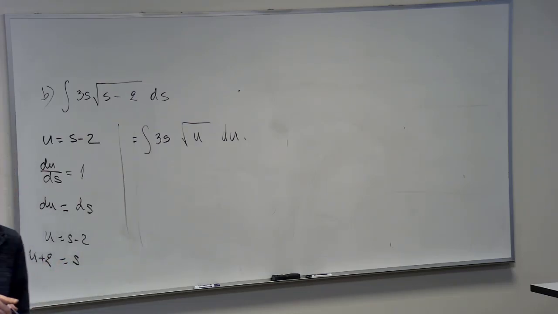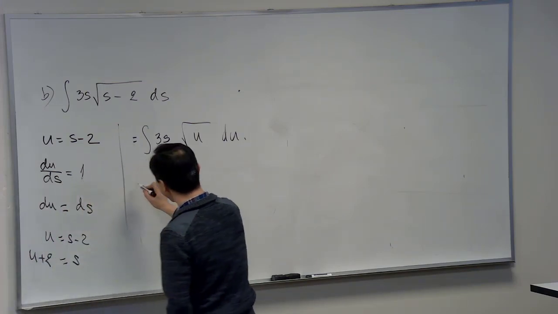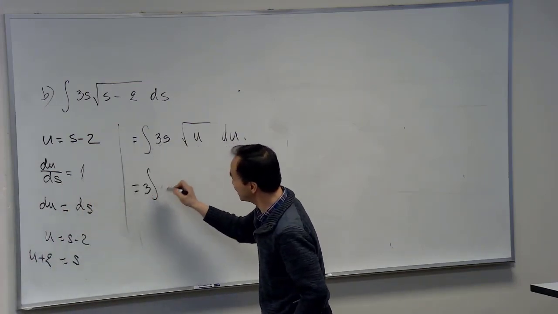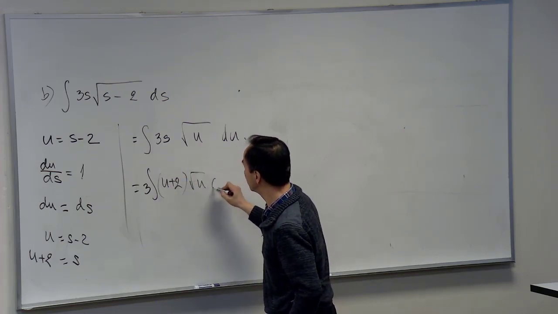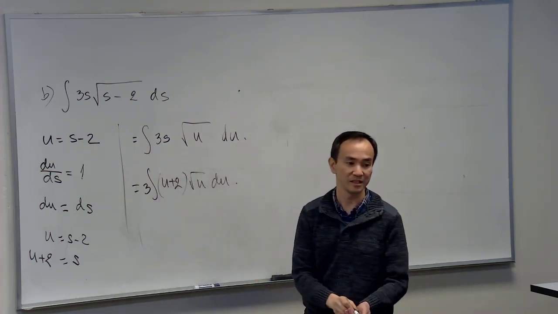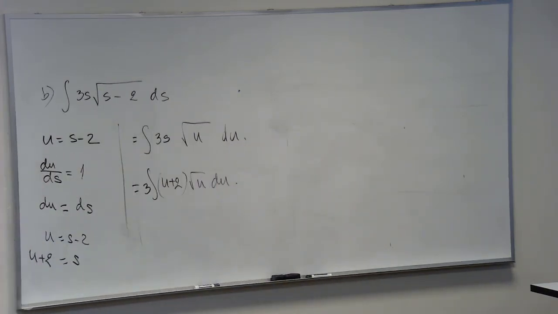You got the idea? It's all about substitution. Have I found a way to substitute the s away? It's 3 times u plus 2 times the square root of u du. You guys following with me on that? Now we have completely washed away the old variable.